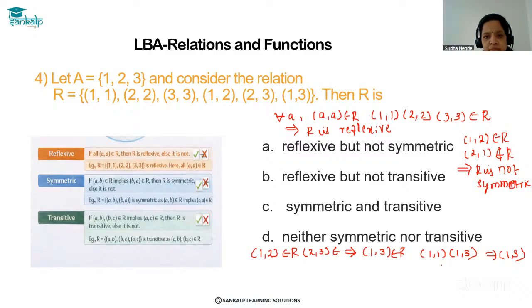Any other? (2, 3), (3, 3). This implies (2, 3) also belongs to R. So it is transitive. One more. (1, 3), (3, 3).